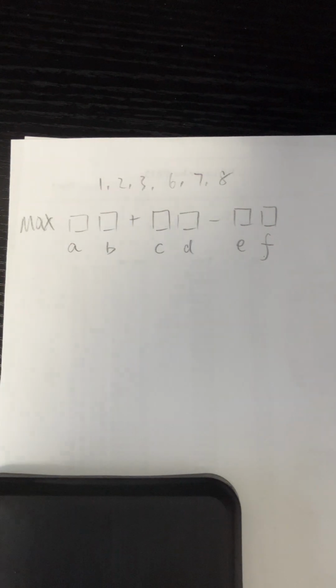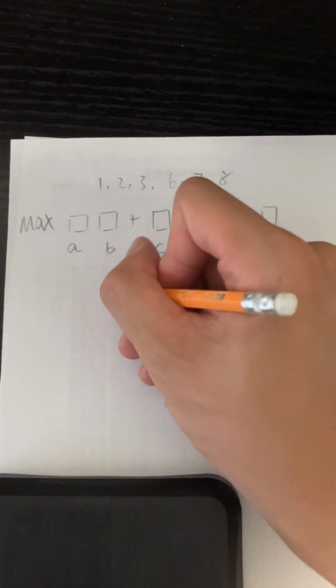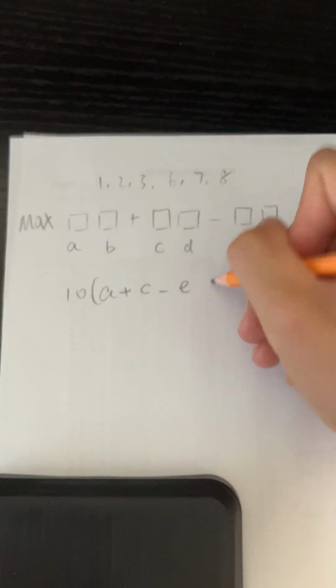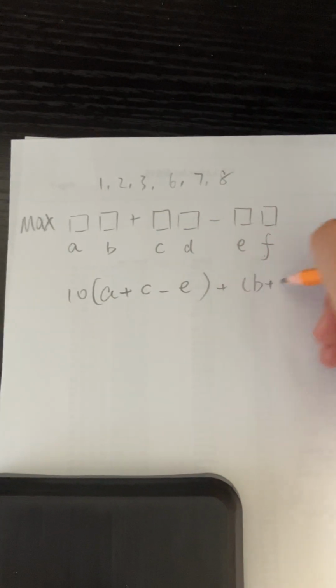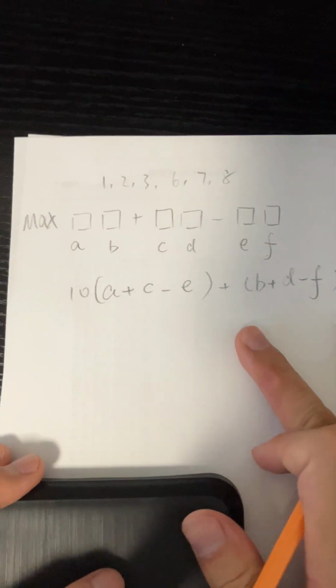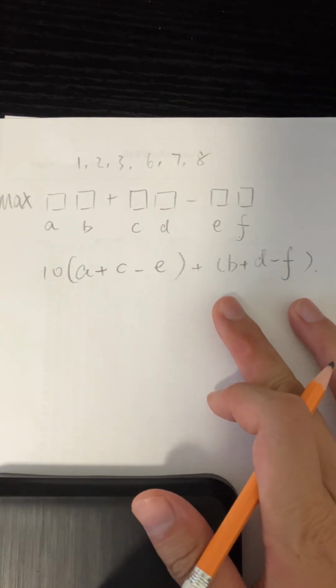I'm just saying that if you want to play safe and strictly show the process, this is the way of thinking about it. So this would be minus E, 10, and the rest would be B plus D minus F. So you know these two groups have the same structure.